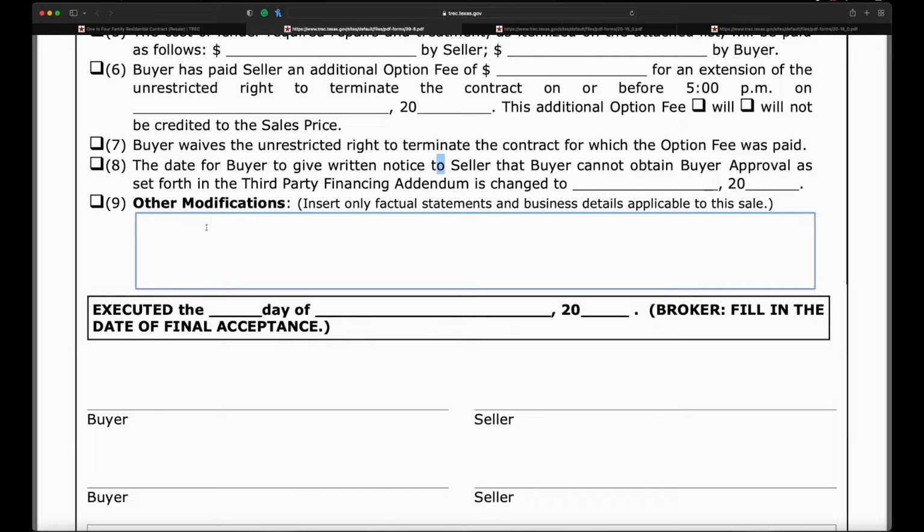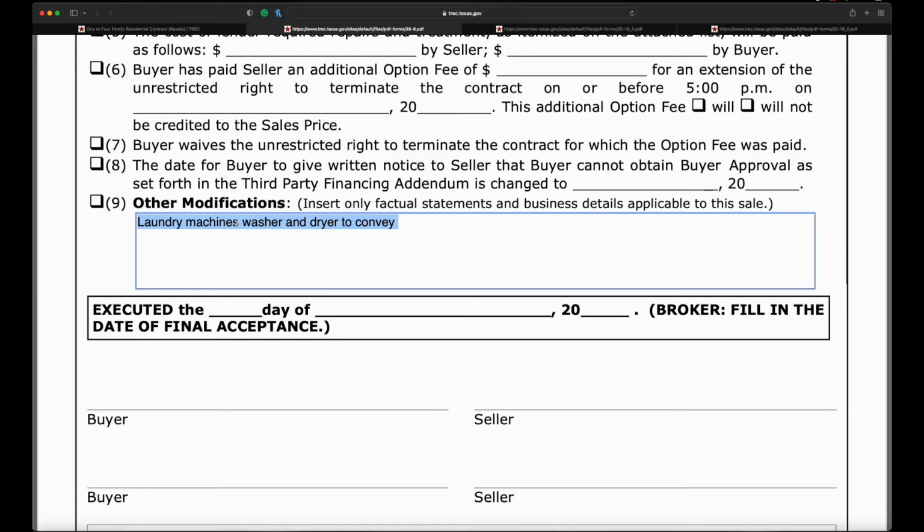Another thing this is used for is, let's say you're looking at the house during your option period, or even during your regular contract, and you want the refrigerator to stay, that they have a refrigerator and a washer and dryer. Then you can put laundry machines, washer and dryer to convey, or something like that.